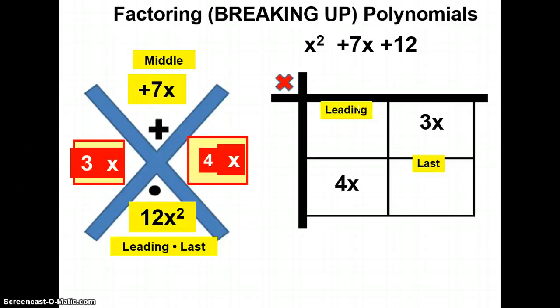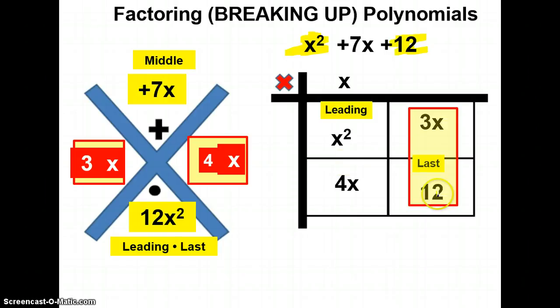All right, let's place in our leading term, our last term. And by the way, the leading and the last term just come from here. Leader, last. All right. So what do these two have in common? An x. Good. What are these both a multiple of? What could I divide out of 3 and 12? 3.